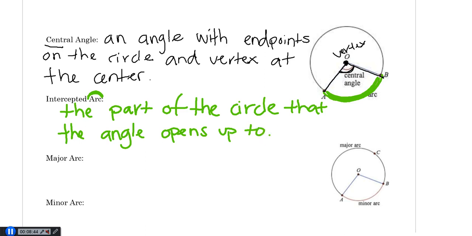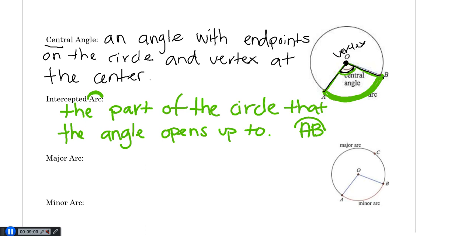So basically the points that are on the circle would be the arc, our intercepted arc. So therefore our arc here would be arc AB, because that's the part of the circle that our angle AOB opens up to. Okay?